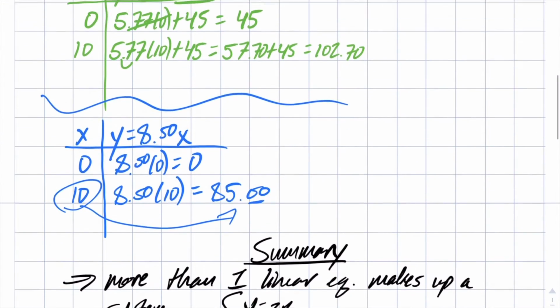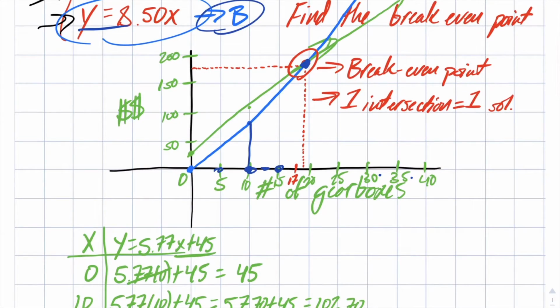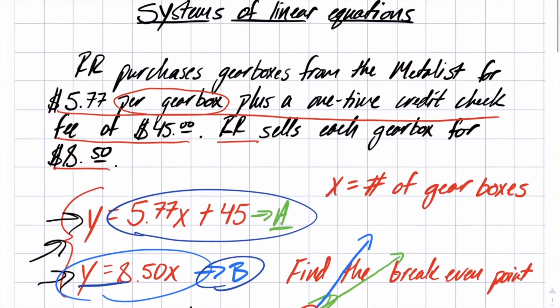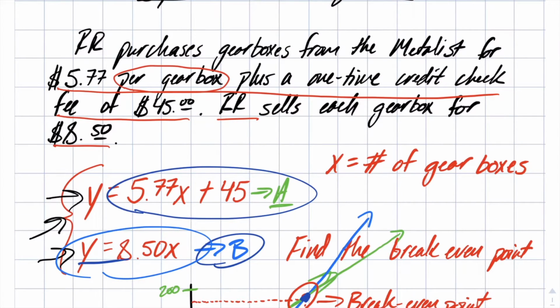Alright, so hopefully this video wasn't too confusing, and I hope you kind of understood what we did. All we did again is we created our system here. Each of these equations models from the scenario. This equation models from the scenario.